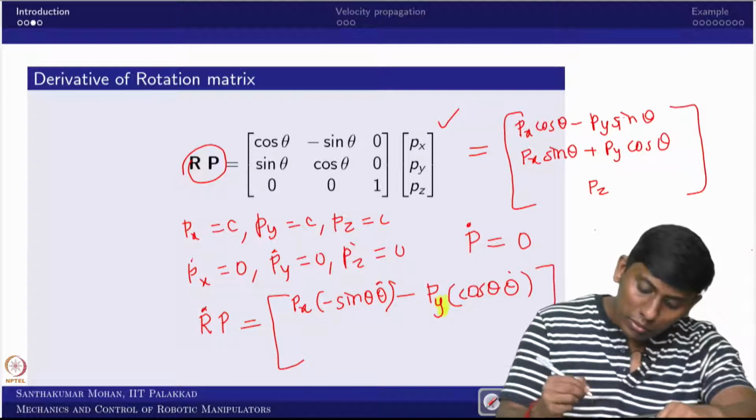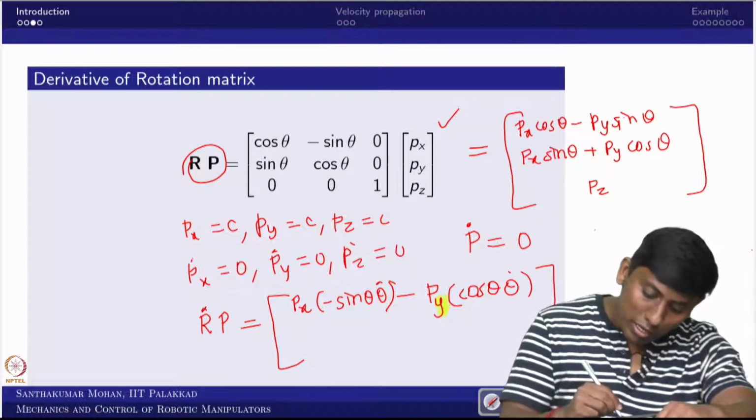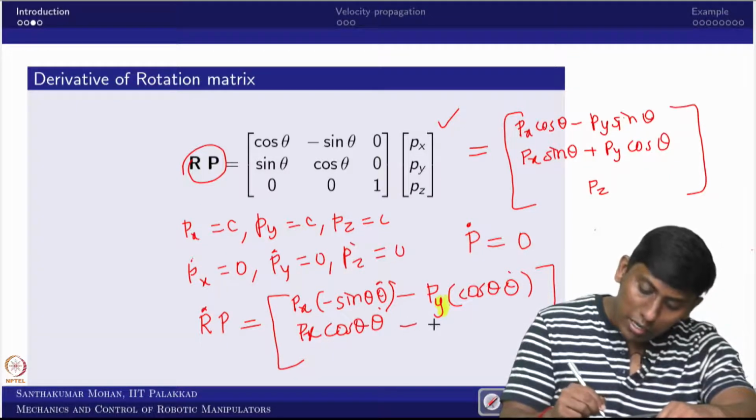Then in the bottom, Px cos theta theta dot, and the second one is minus Py sin theta theta dot, and this would be 0, right.